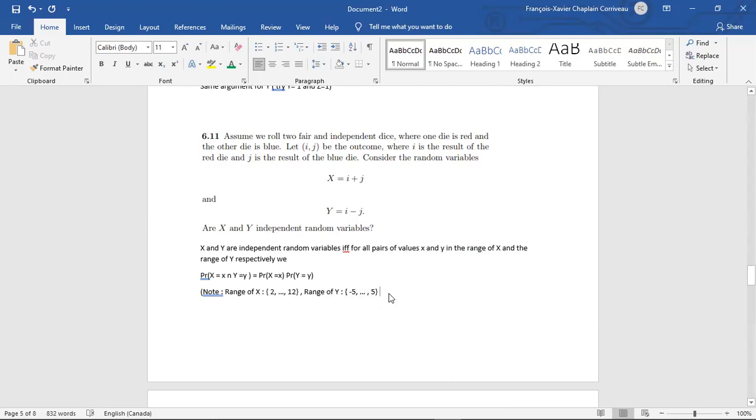So how many equalities would we have to check if we wanted to show that they are independent? Too many, and that's exactly the point. That's 11 times 11, which is 121 equalities that you would have to check. There's no way in an exam that we would want you to check 121 equalities. So the odds are they're not independent, right?